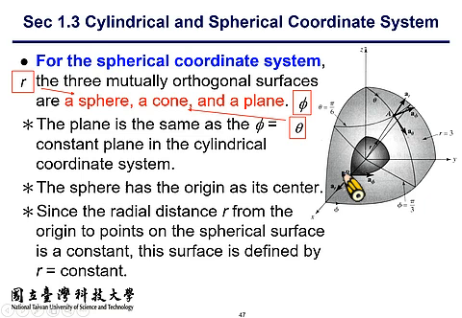So this is not a direct angle difference between R, the vector P, and Ax. It is the angle between the projection of vector P on the xy plane and Ax. Okay, so you need to be careful about the definition of phi. So what is the variable range for phi? 0 to 2 pi, right? So it's similar to the definition in the cylindrical coordinate system.